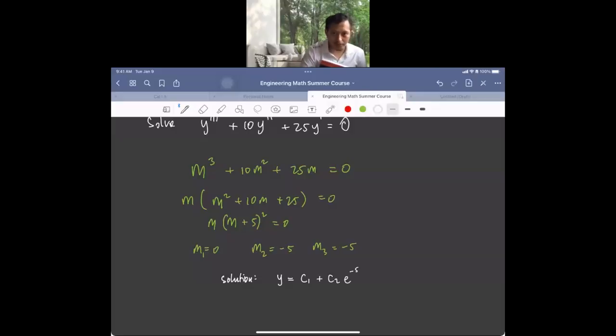So it's just c1 plus c2 e to the power of negative 5x. Now remember, if we have the same repeated roots, we need to multiply with x. So plus c3 multiplied by x, x e to the power of negative 5x, and this will be our solution. Okay.